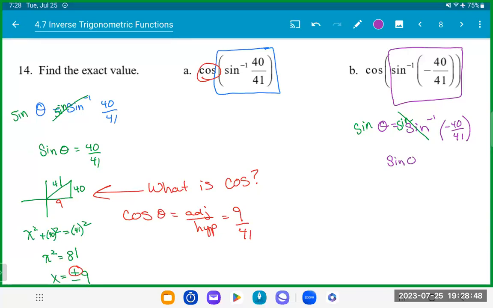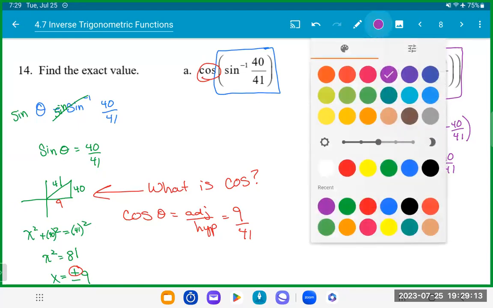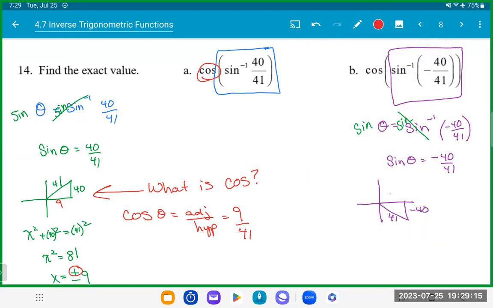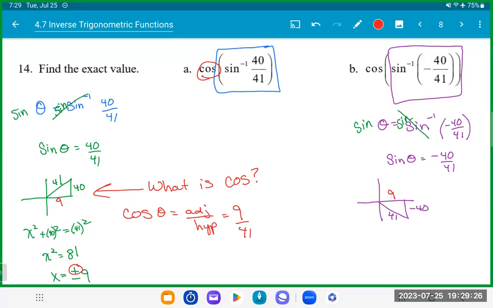So sine of theta is equal to negative 40 over 41. Now my sine is negative in the third and fourth, but we're restricted to the fourth. So we draw that in here. Sine is my opposite, so that's negative 40 over my hypotenuse, which is 41. We already did the calculation using the Pythagorean theorem, so we'll know that that is still going to be 9 because the values didn't change, just the signs did.